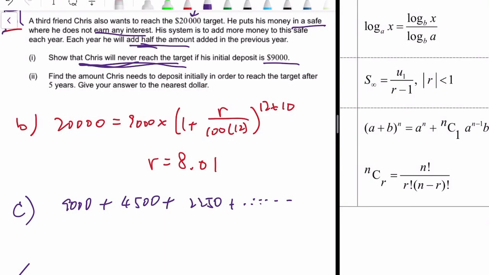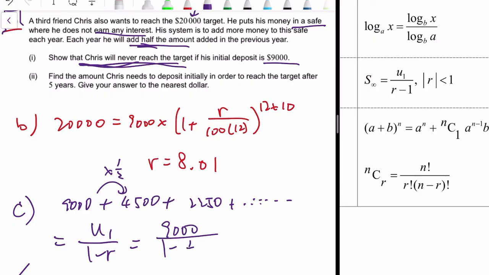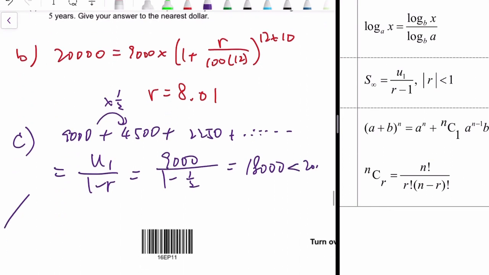So the actual formula is u1 over 1 minus r. The first term is 9,000. r should be obvious, it's a half. Then if you press the calculator, you get 18,000. That's why you never get 20,000.